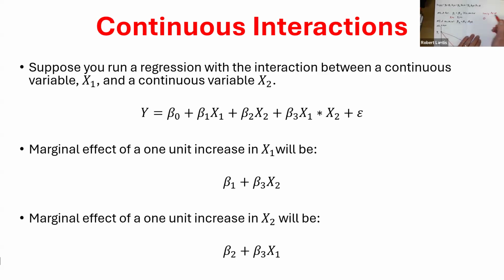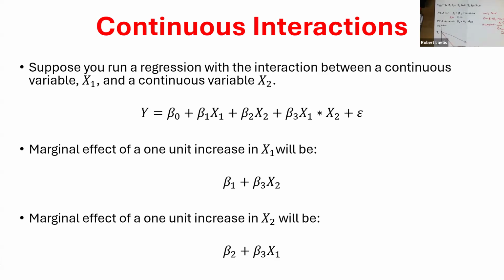So what am I going to do to find a turning point? I set the marginal effect equal to 0, rearrange this equation a little bit, and I find that the turning point for hours worked would be equal to negative the coefficient on the variable I'm looking for the marginal effect of, divided by the coefficient on the interaction term.